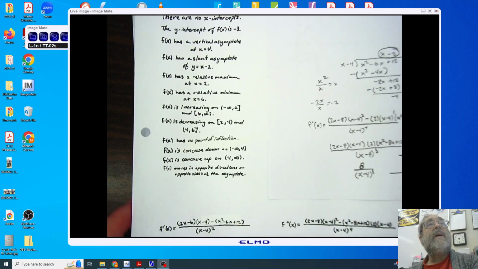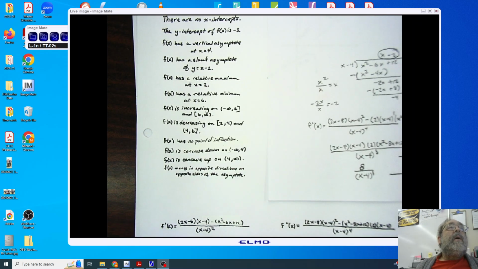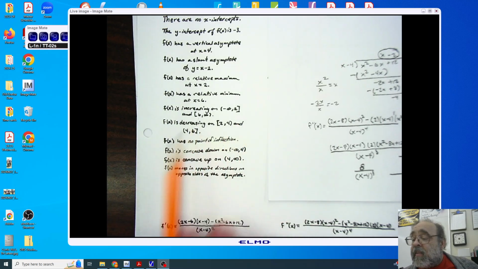And you'll notice here it is. So I have my relative maximum, my relative minimum. I have my increasing interval and my decreasing interval. Notice the brackets are at the extrema. Brackets at the extrema and a parenthesis at the asymptotes, or moving toward the infinities. There is no point of inflection.